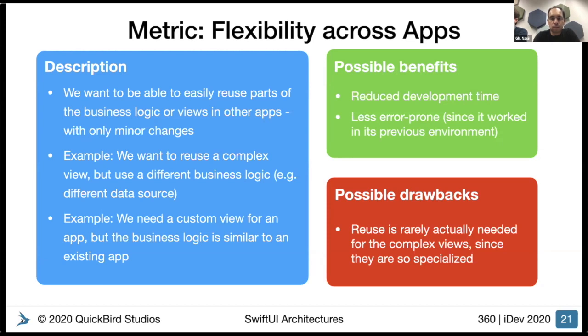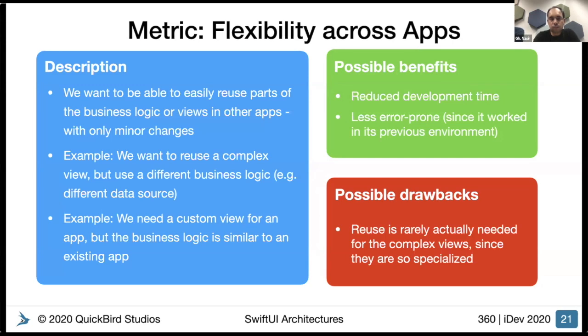That's what might be useful, for example, in case you are building quite abstract or generic views in general. From that, you get a reduced development time again, because you can easily reuse views across apps. They are less error prone because they already worked in the previous environment, so they probably work all right without much testing needed.